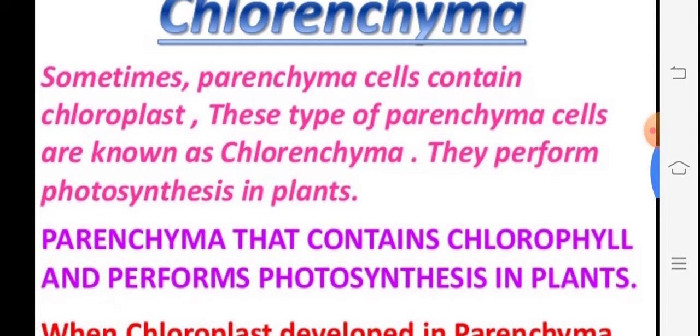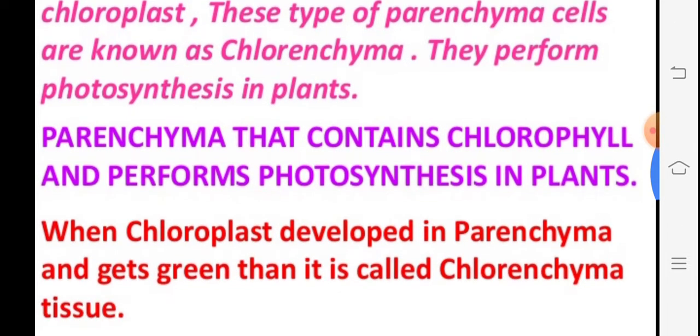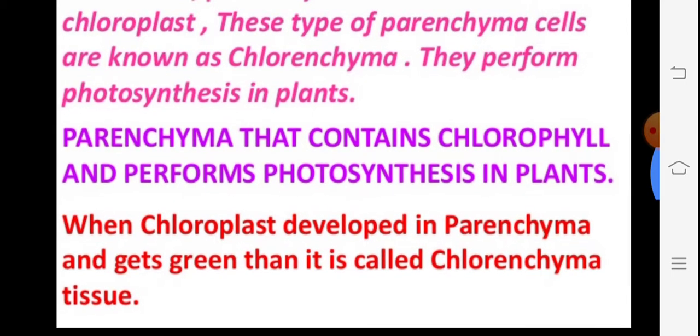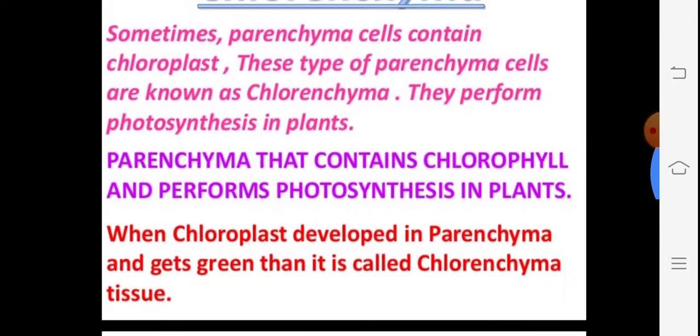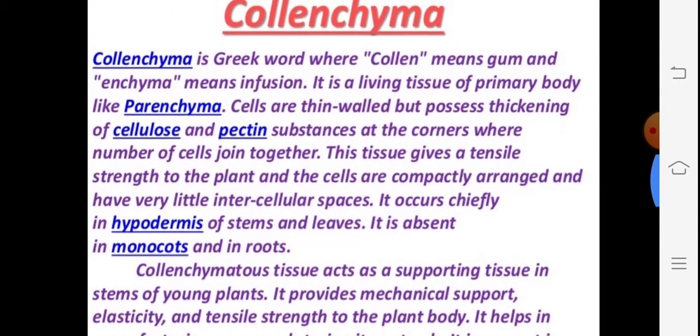Chlorenchyma sometimes looks like parenchyma cells containing chloroplast, and these cells function for photosynthesis. These cells generally contain chlorophyll, and therefore chlorophyll plays the important role.